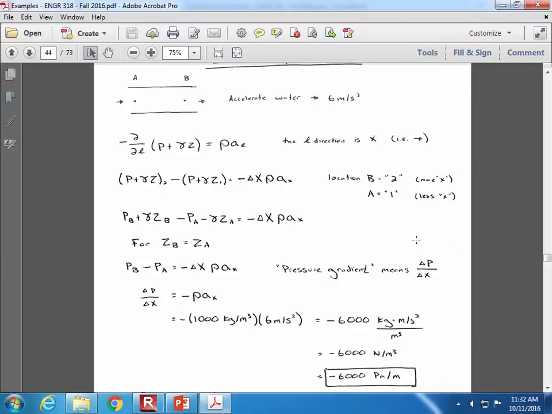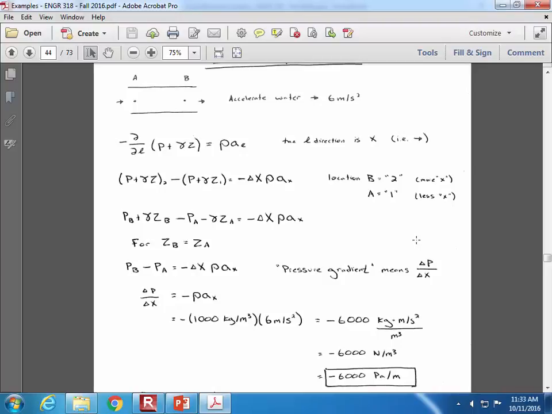And the units here are kilogram meter per second squared divided by meters cubed. And of course, a kilogram meter per second squared is a newton. So that's negative 6,000 newtons per meter cubed, which is the same as negative 6,000 pascals per meter, because a pascal is a newton per meter squared.